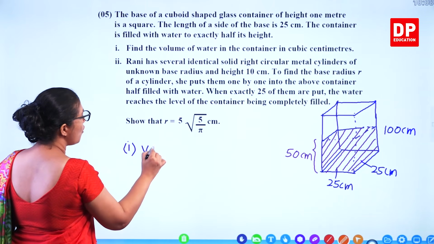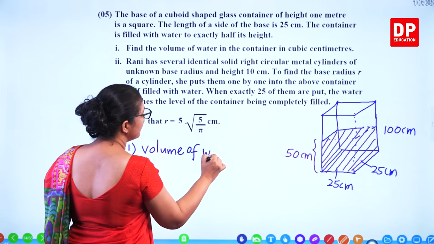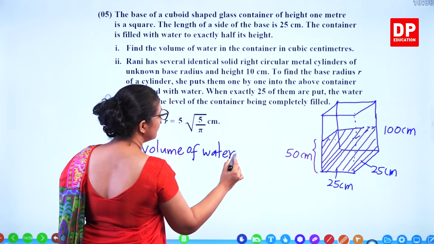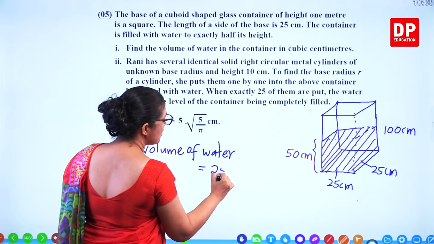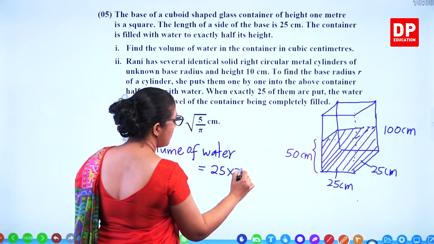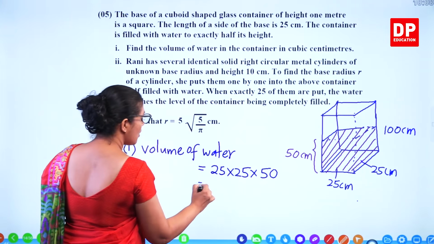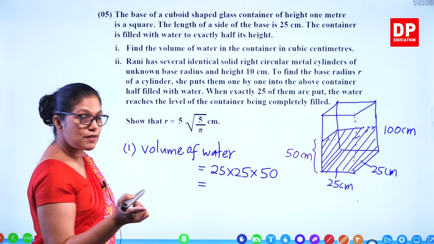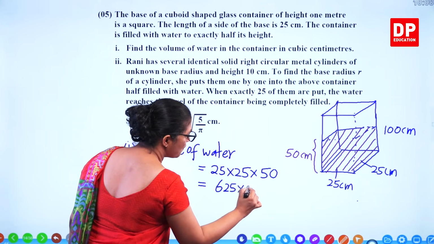So what's the volume of water? Volume of water. Length is 25, breadth is also 25 and the height is 50. So we know 25 times 25 is 625, multiplied by 50.